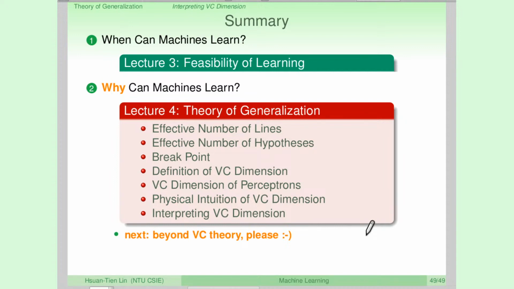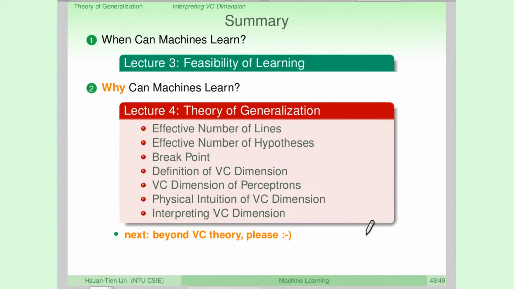From the growth function, we discussed an important concept called the breakpoint, which means a point where we cannot shatter any set of input vectors with that number, and used the breakpoint to define the VC dimension as a very important property of the hypothesis set.